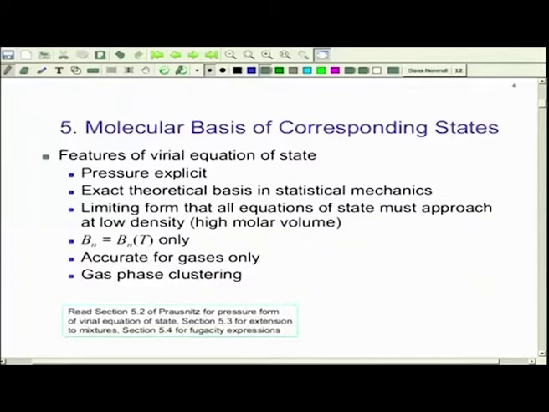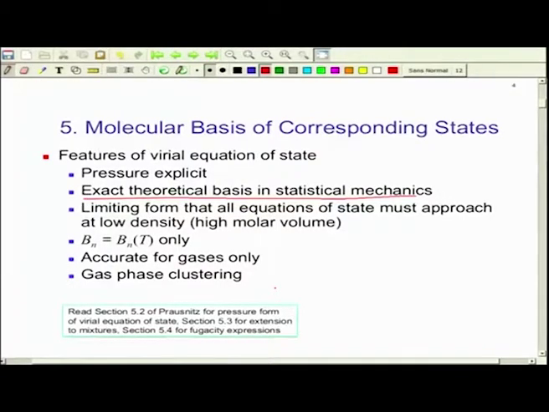Now what are the features of the virial equation of state? You can have it pressure explicit, you can have it density explicit. These have an exact theoretical basis in statistical mechanics. It is the limiting form that all equations of state must approach at low density.